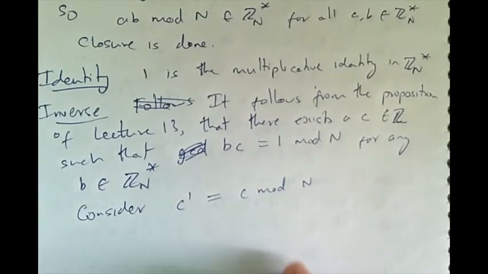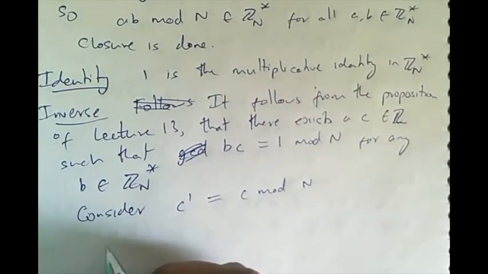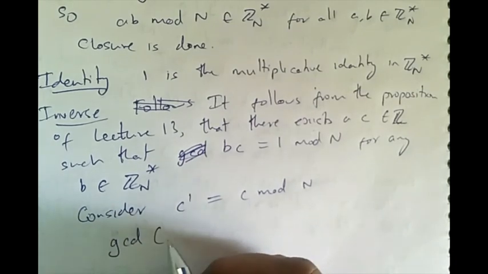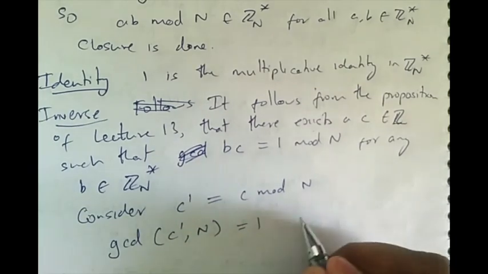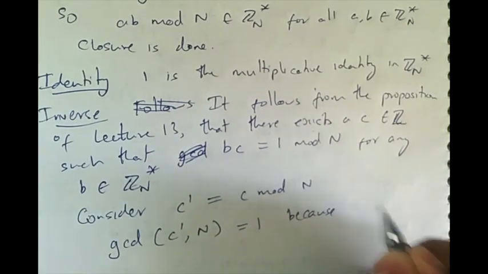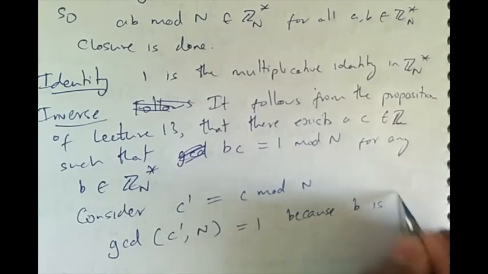Now, first of all, the GCD of C prime and n is 1 because B is its multiplicative inverse.